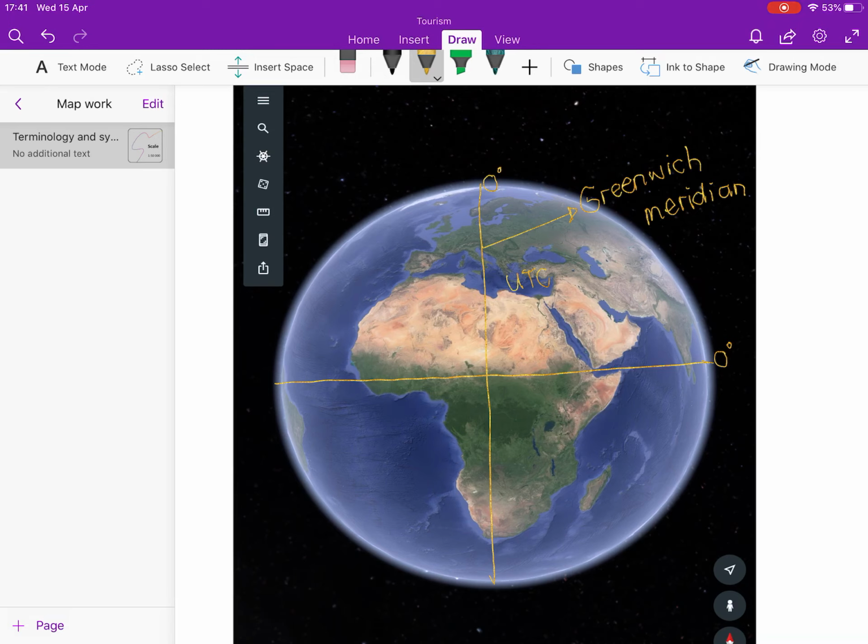From this universal time coordinate is where we calculate all time from. This UTC line runs through England, so England uses the 0 hour time zone.